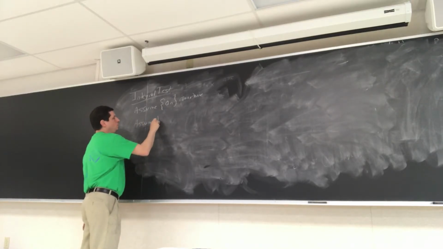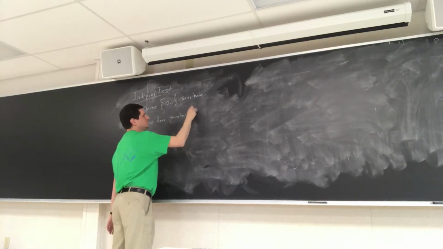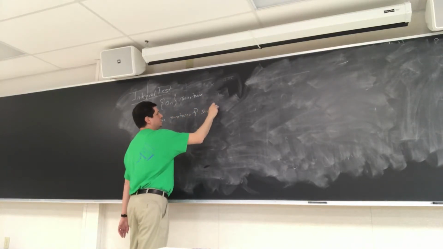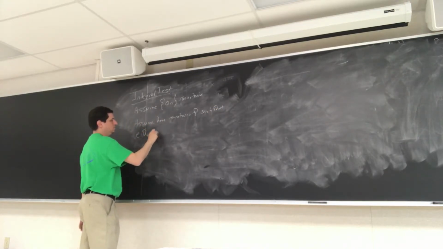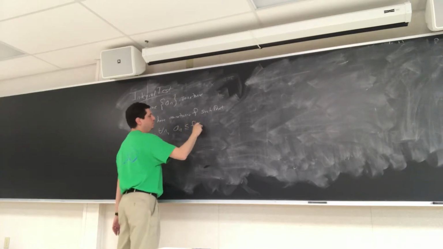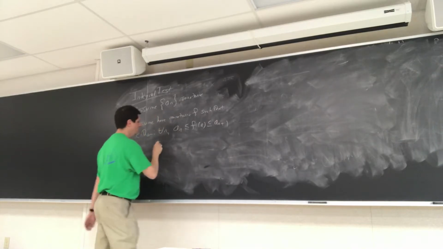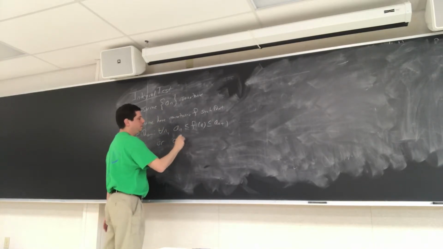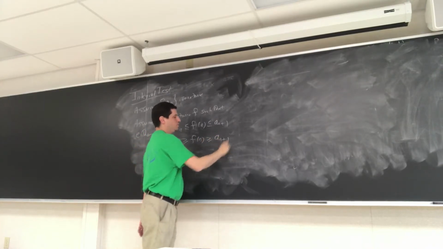Assume we have a monotonic f such that either for all n, a_n is less than or equal to f of n, which is less than or equal to a_(n+1), or a_n is greater than or equal to f of n, which is greater than or equal to a_(n+1).